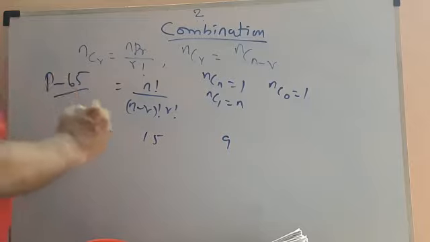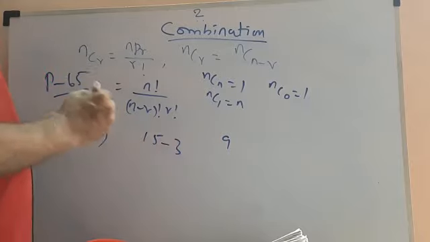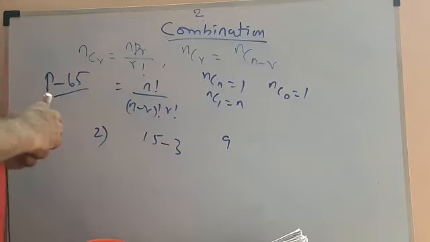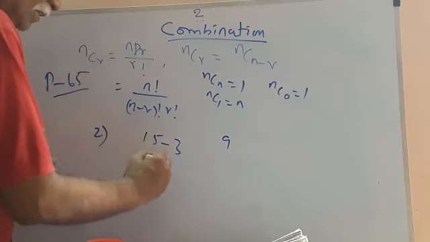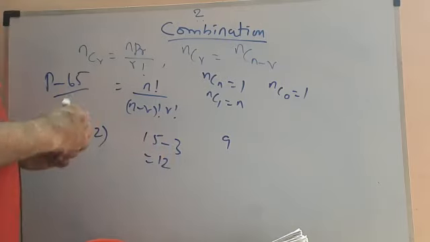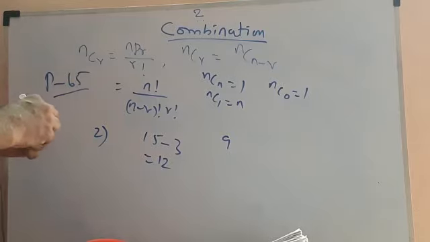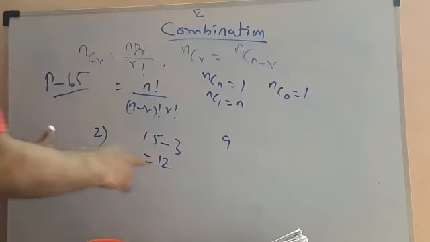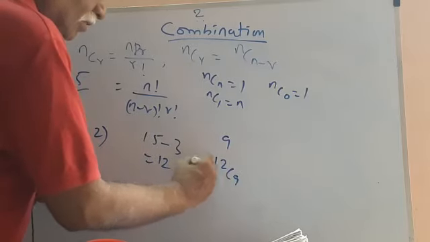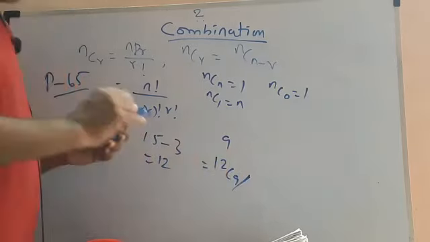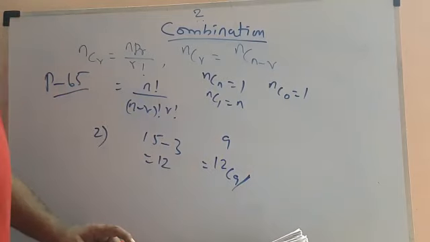But the condition is you have to exclude 3 particular persons. 15 minus 3, 12. That means you have to select 9 out of 12. So the answer is 12C9. So this is your answer. Okay? Copy.